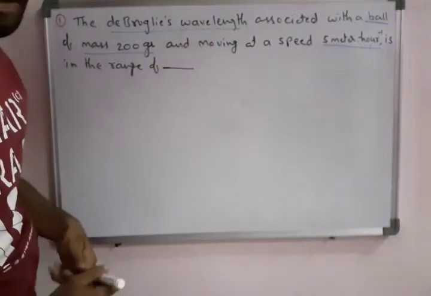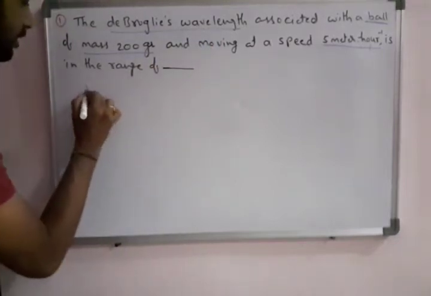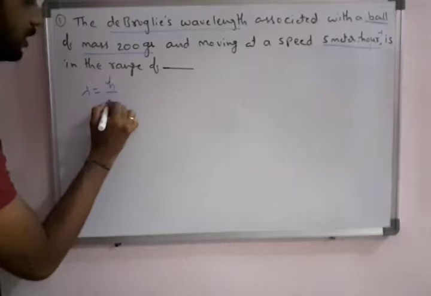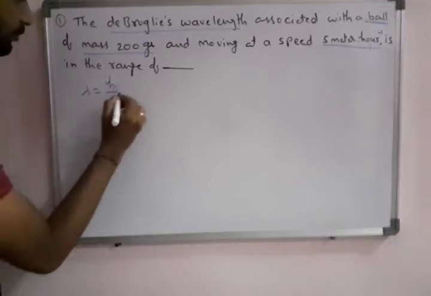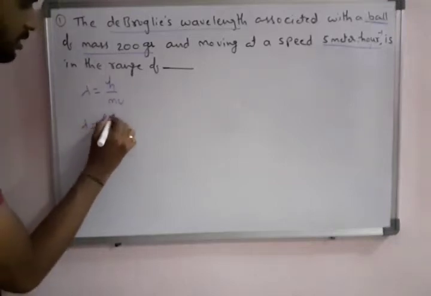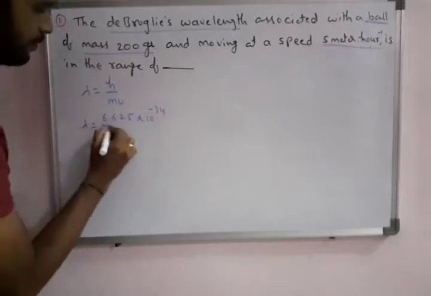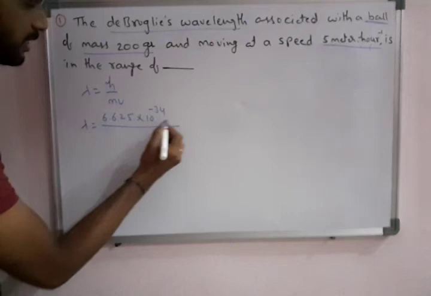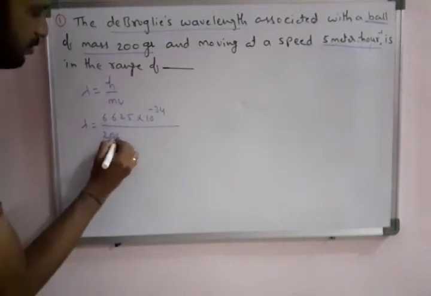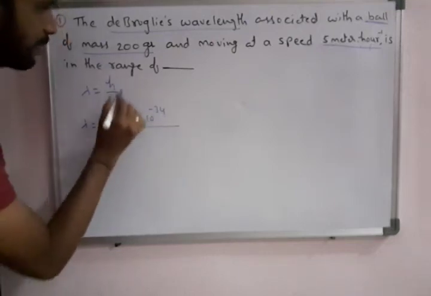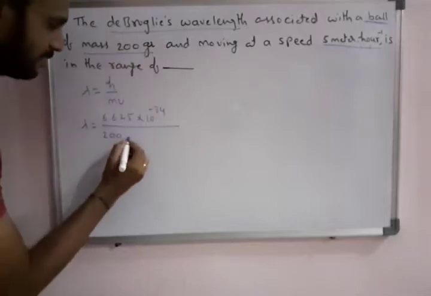It is simply the normal formula. Lambda is equal to h by mv. So lambda is equal to the h value, which we know, in terms of joule into second. Mass: we are following the SI method, that's why mass must be in kgs.